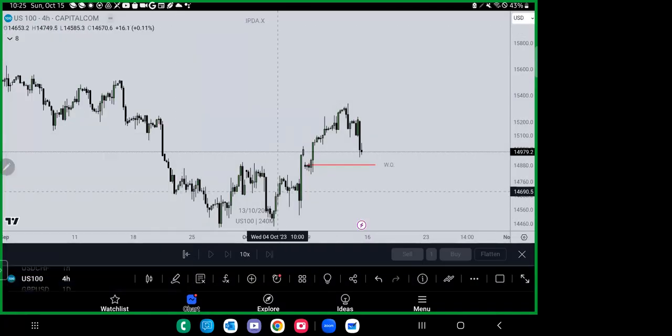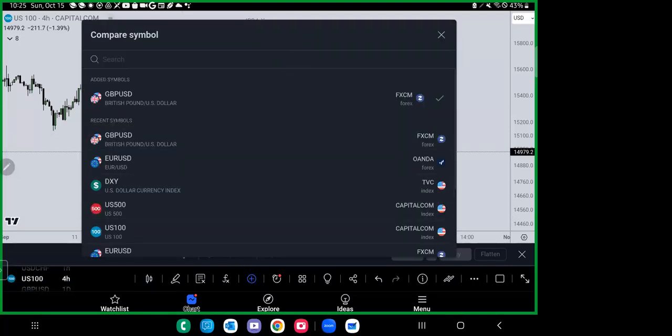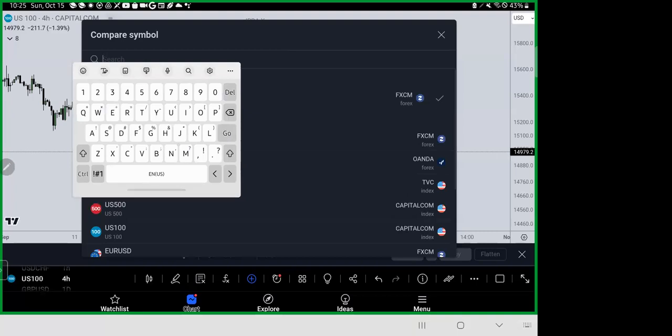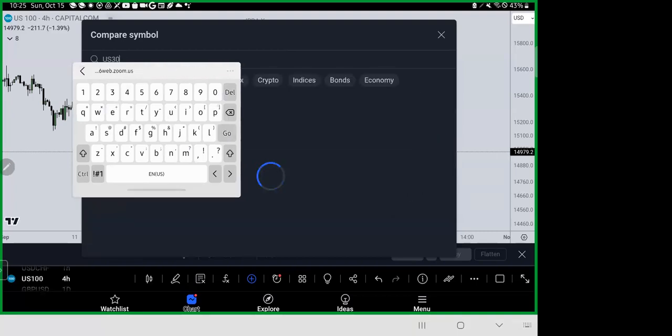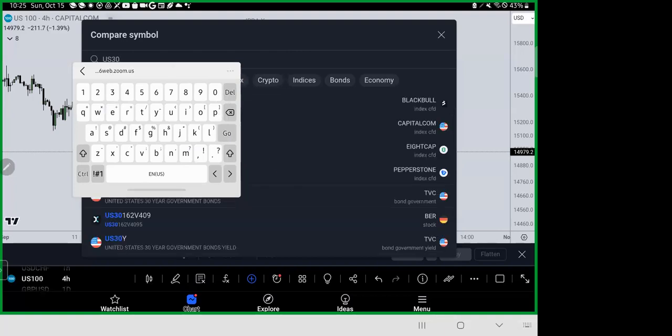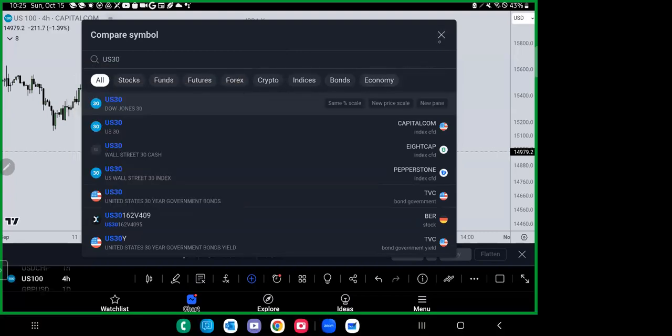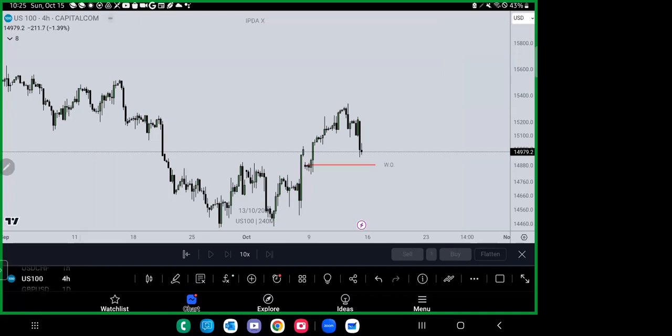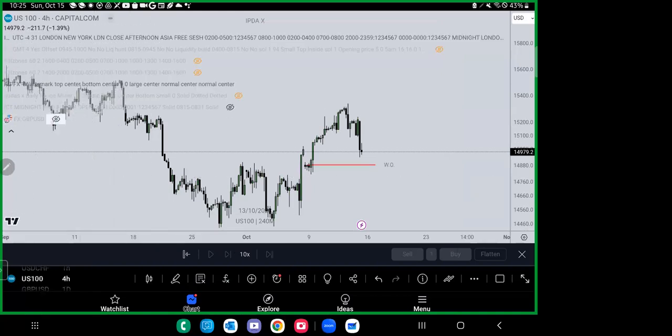I find that there's a higher correlation with SPY and NAS together. However, US 30, because they're all basically compiled of Fortune 500 companies within the New York Stock Exchange. So to some degree, we should be able to look at any one of those assets.